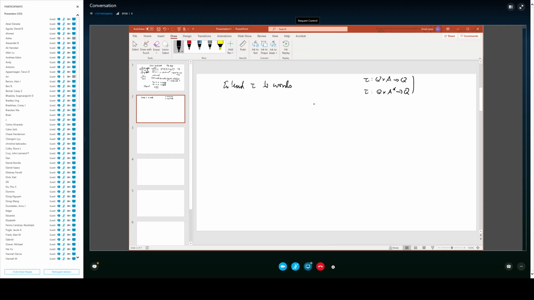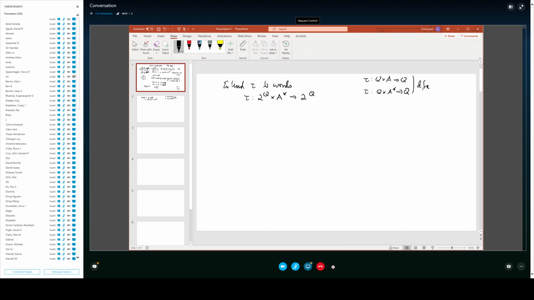That's for the DFA. For the NFA, we have to extend tau to words, but that requires that we do tau from sets of states and words into sets of states. So given a set consisting of states and a word, we are going to produce another set of states.